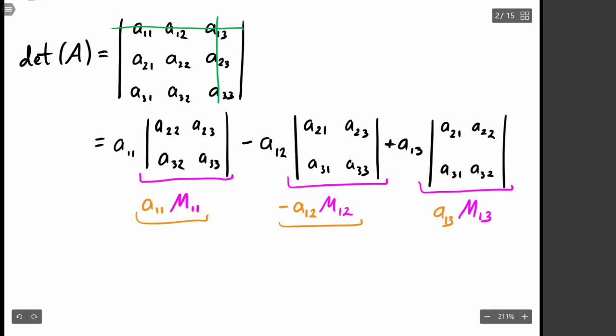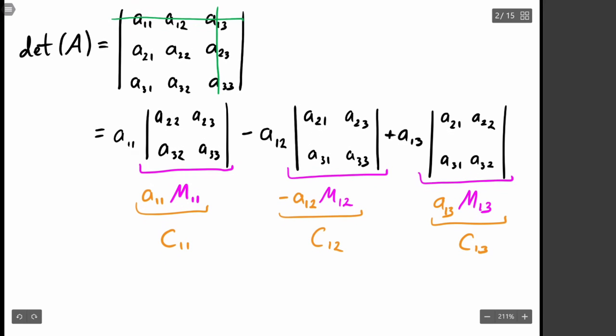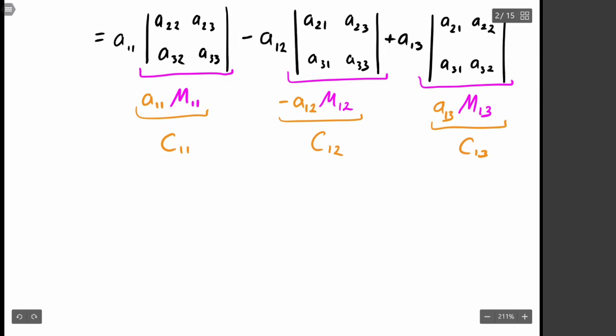These things here are what we call cofactors. All right, so let me write down that definition here. Actually, let's do an example of computing a 3x3 determinant, and we'll leave these definitions to the next video.